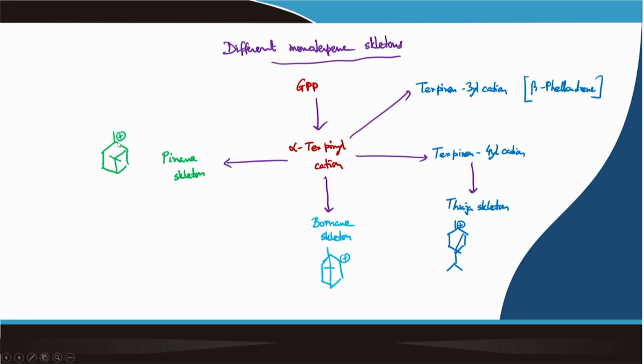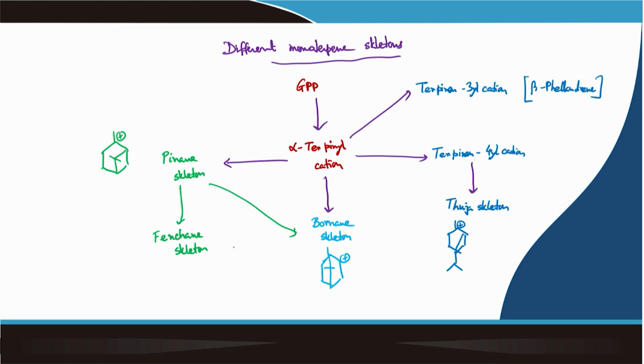This is pinene skeleton. From pinene skeleton, another skeletal structure is formed, which is called fenchane skeleton, and from pinene, bornane skeleton can also be formed.